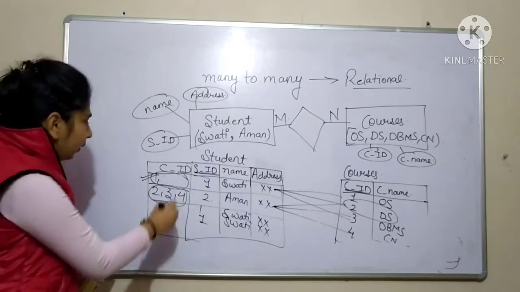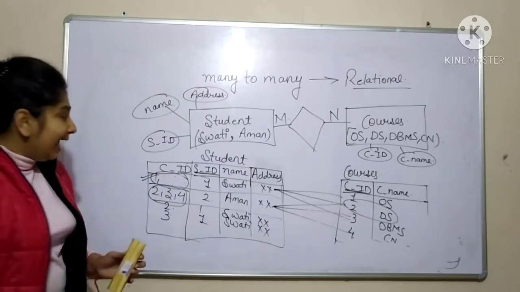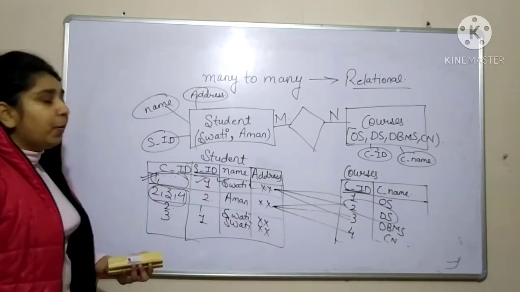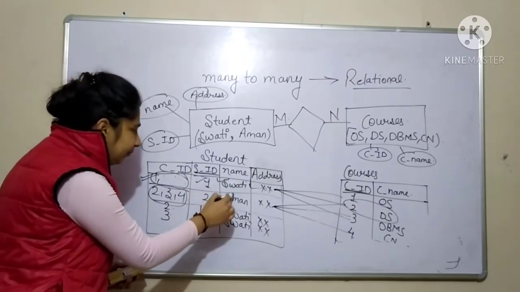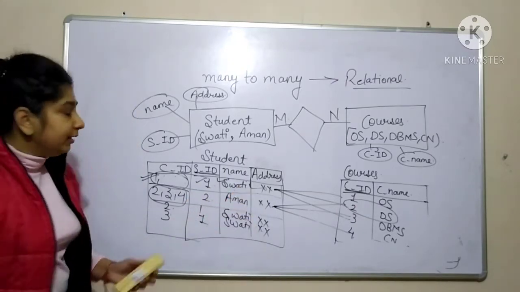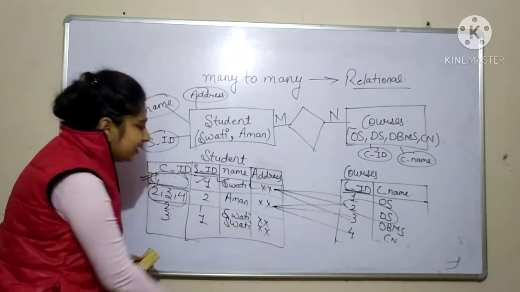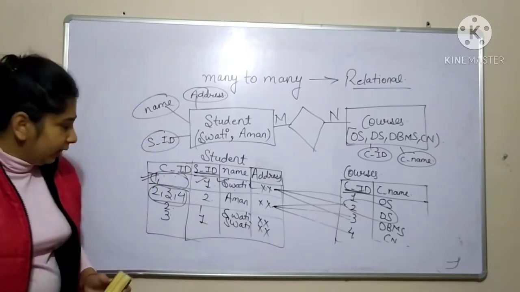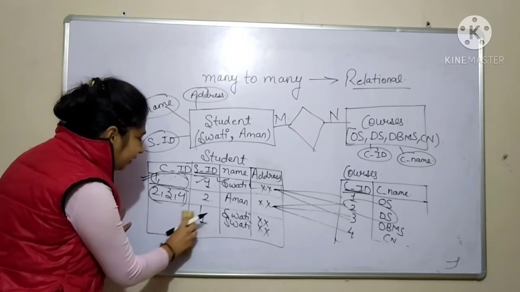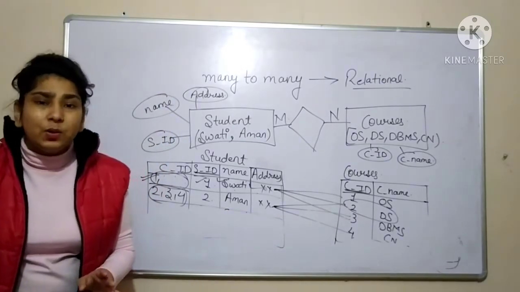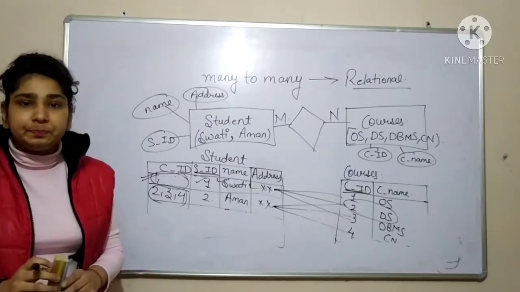Okay, because one field is different and the remaining fields are the same. You keep on repeating the same values again and again in your table. Okay, so lots of redundancy is there as well. We don't like redundancy because a lot of space is going to be wasted.